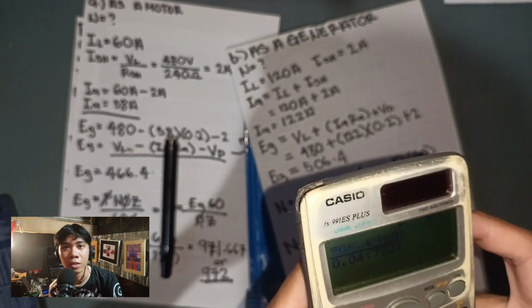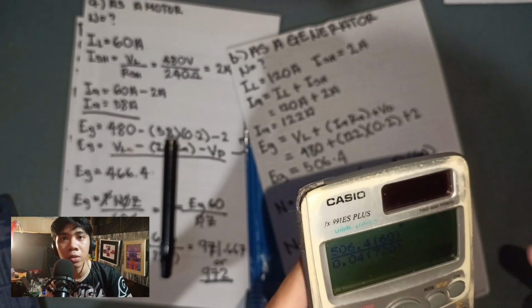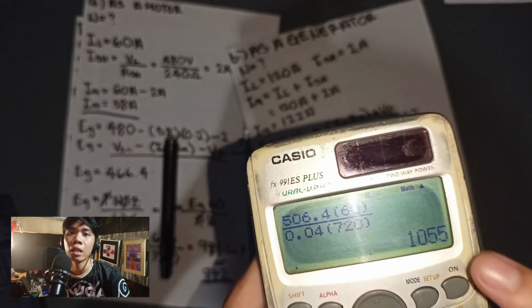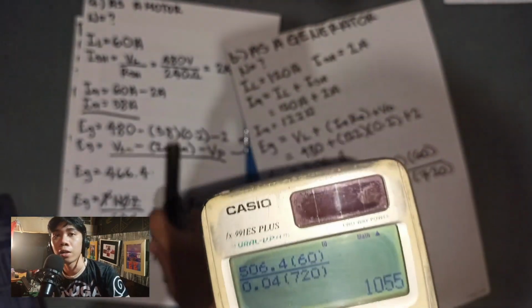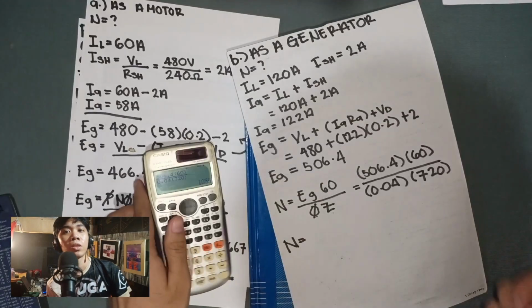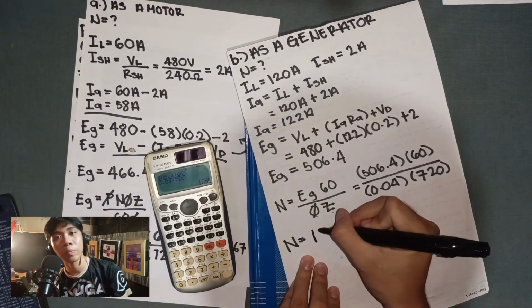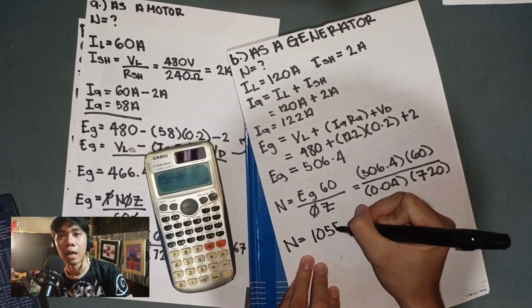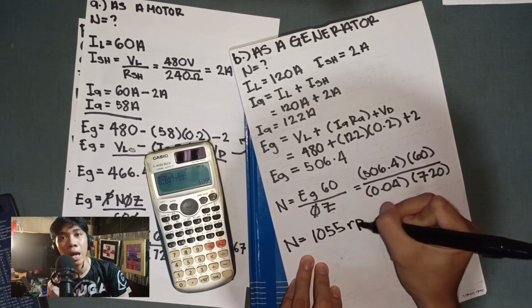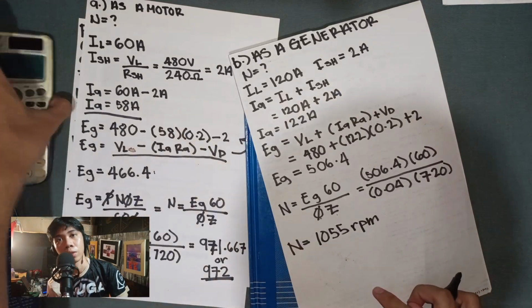So, ayan. Makukuha natin yung sagot na 1,055 RPM. So, yung 1,055 RPM, yan po ang speed ng ating motor as a generator. So, that's all.